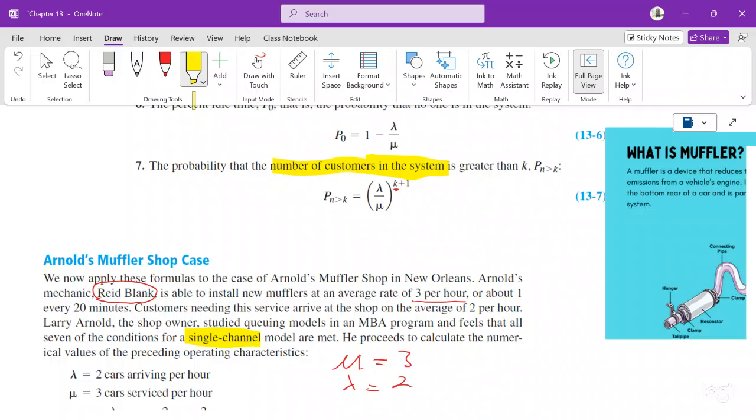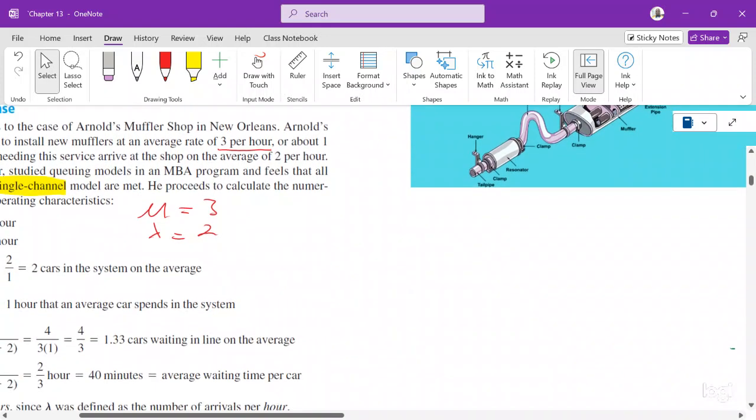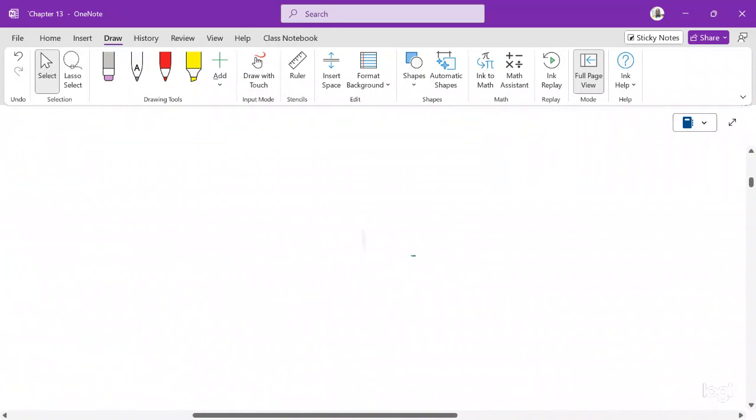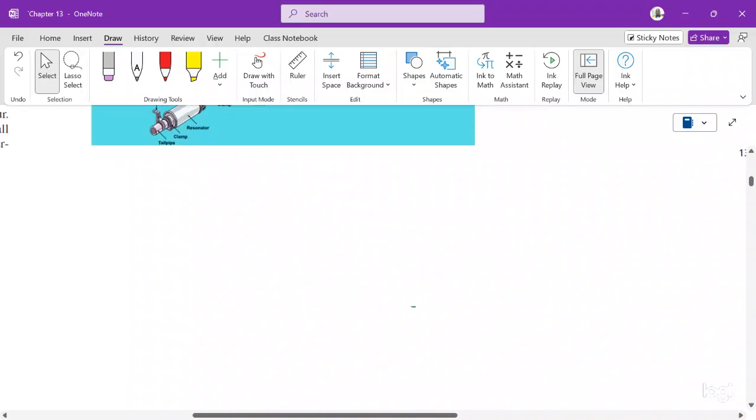He proceeds and calculates the numerical values of the preceding operating characteristics. I'm going to show you here. Then we go to our formula sheet and look for the first formula.